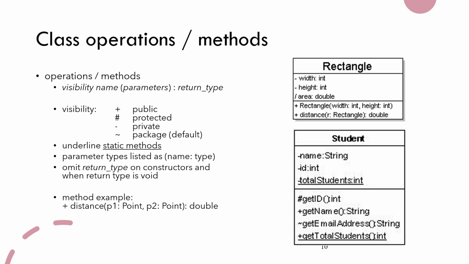Next is an operation. The previous one is actually for the attributes, and this one is for the class operation or method.